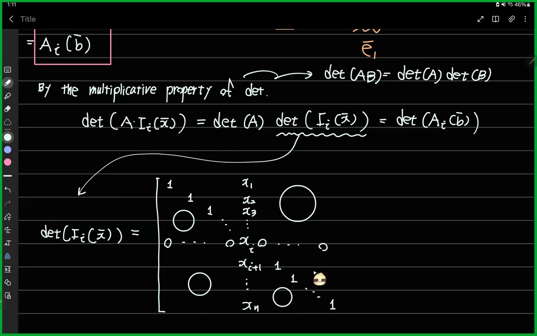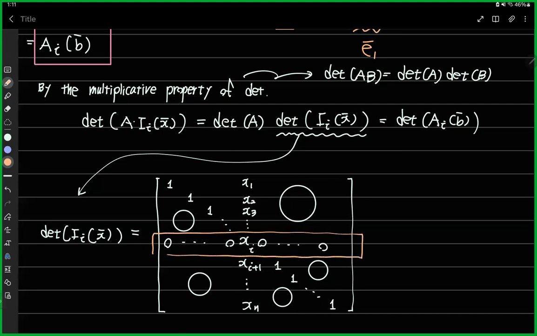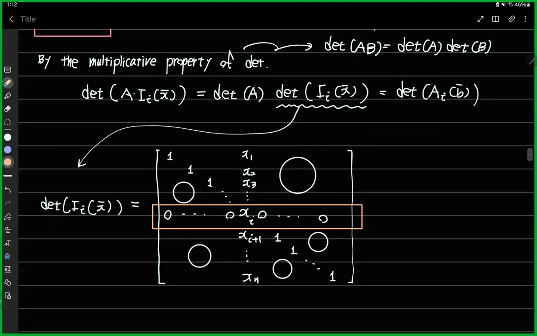So right there, we choose this one to find the determinant of this. I'm going to use the cofactor expansion to figure out the determinant of that matrix. To apply the cofactor expansion, we need to choose either a row or column including the most 0s, right? So I'll choose this one.